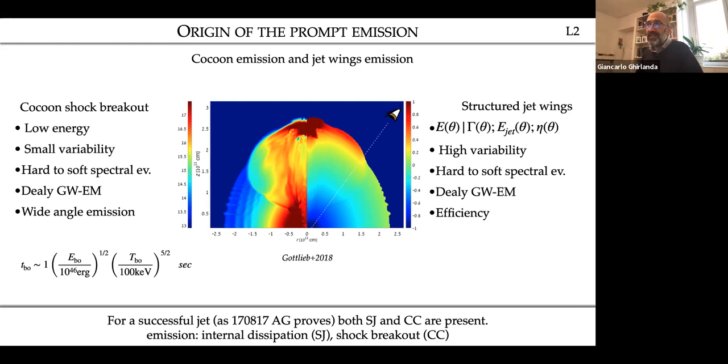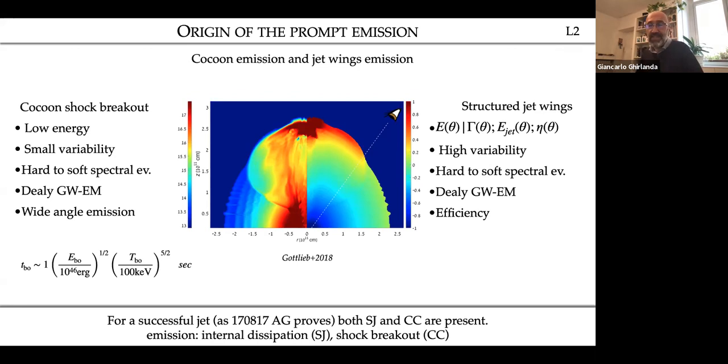The reason being the fact that there are different expectations. In the case of a cocoon, it's okay having a low energy for the prompt emission. We should expect a relatively small variability during the prompt, and it can explain the hard-to-solve spectral evolution, and also the delay between the gravitational wave and the electromagnetic emission. This is something I forgot to say.